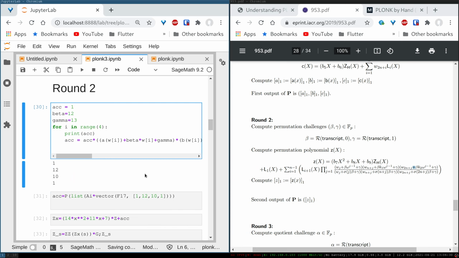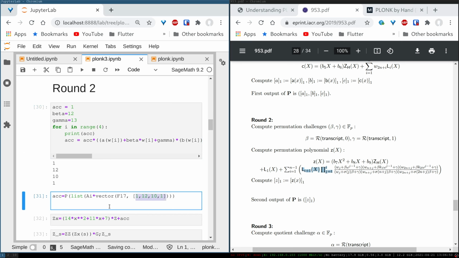Anyway, that gives us the 4 values, for i equal 1, 2, 3, and 4. And then we have to interpolate a polynomial that matches these 4 values. So I capture these values here, and then I calculate our term using the same method.